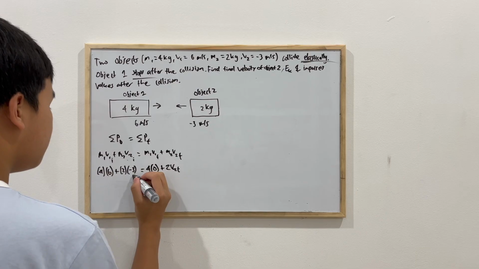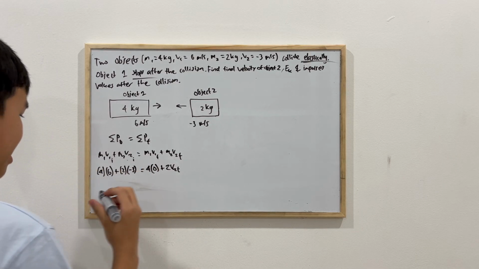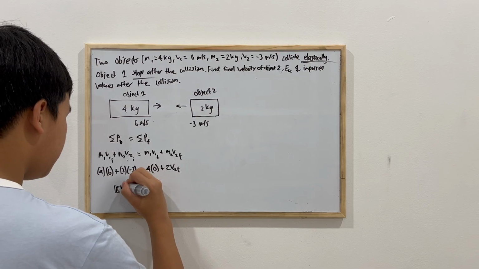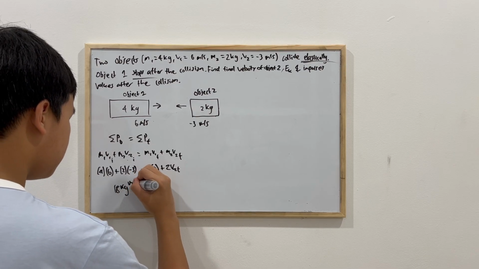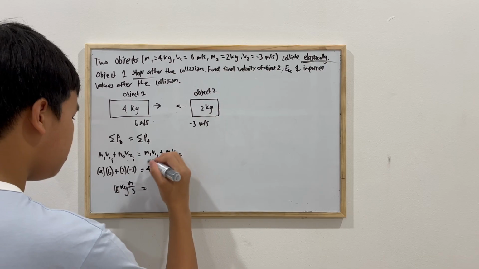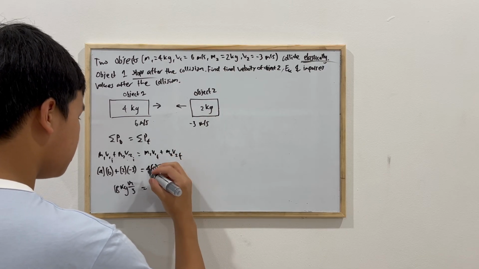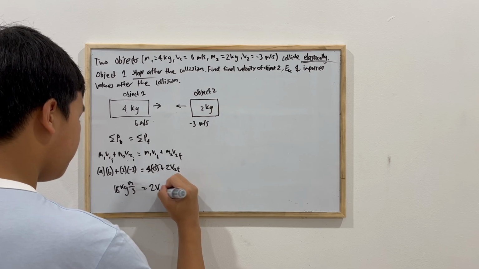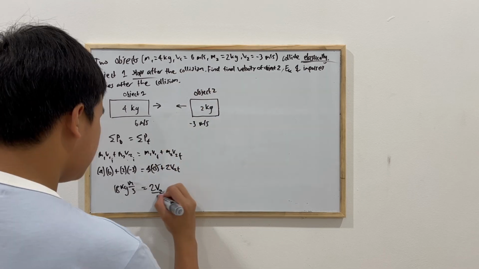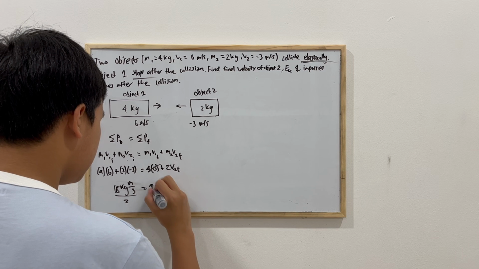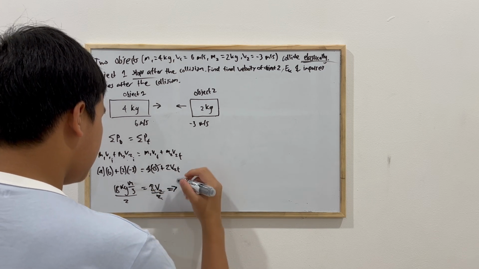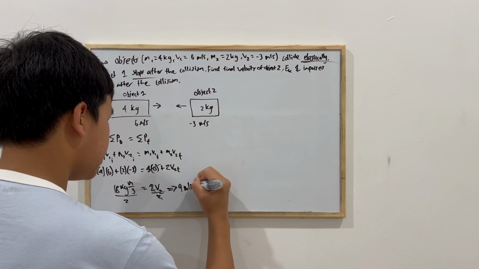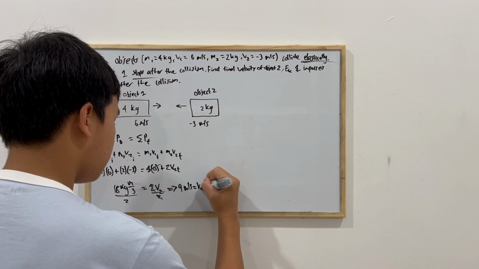So since all these variables are numbers here, we can just plug it into a calculator, and we're gonna get 18, and the unit for momentum is kilogram meters per second, equals, this is going to be 0, so that just cancels out, and we have 2 times our final velocity of object 2. Divide both sides by 2, and we would get a final velocity value of 9 meters per second for the velocity of object 2.